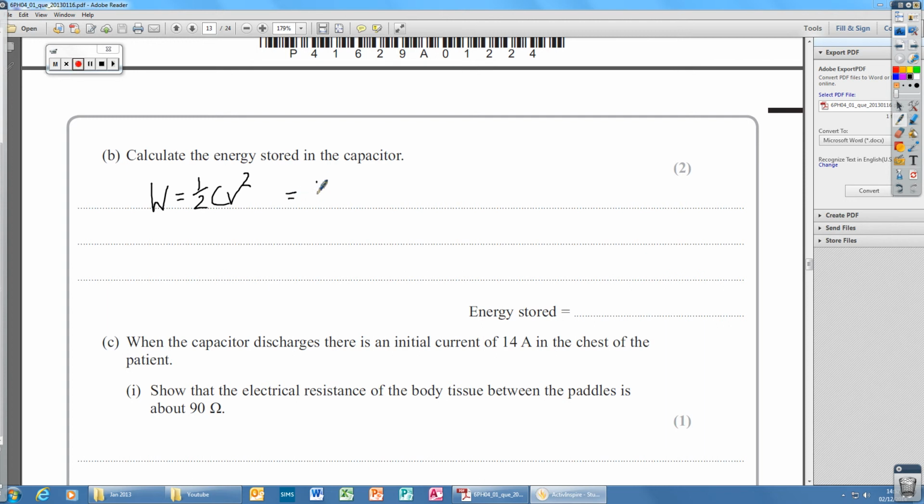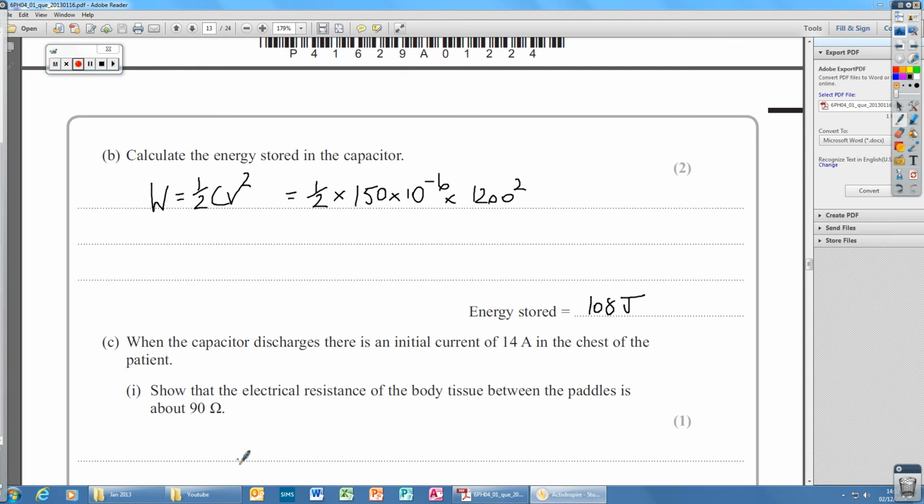If you remember this one though, you can take a shortcut. So we've got again the 150 micro, so times 10 to the minus 6 farads, times the potential difference of 1200 squared, and all together that gives us 108 joules. Again, don't forget the unit.